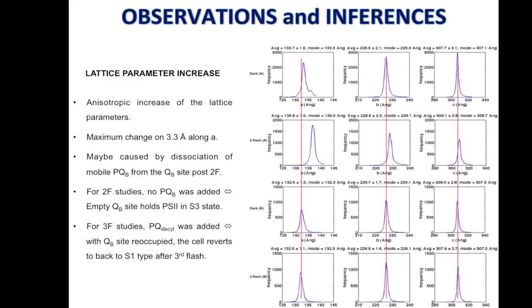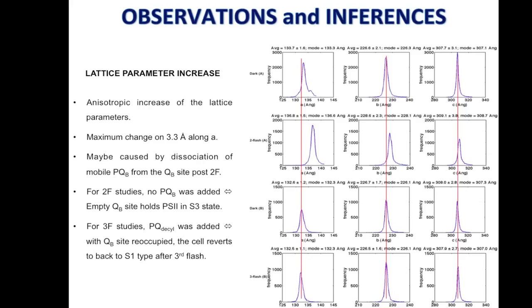Now, the resolution is not high enough to pinpoint the exact cause, but the idea is that because the plastoquinones at this point obtain 2 electrons and are free to move away, it's possible that the movement of the plastoquinones away from the crystal sites they were supposed to be in, because they form a crystal contact region, would be the cause of the expansion in the unit cell parameters.